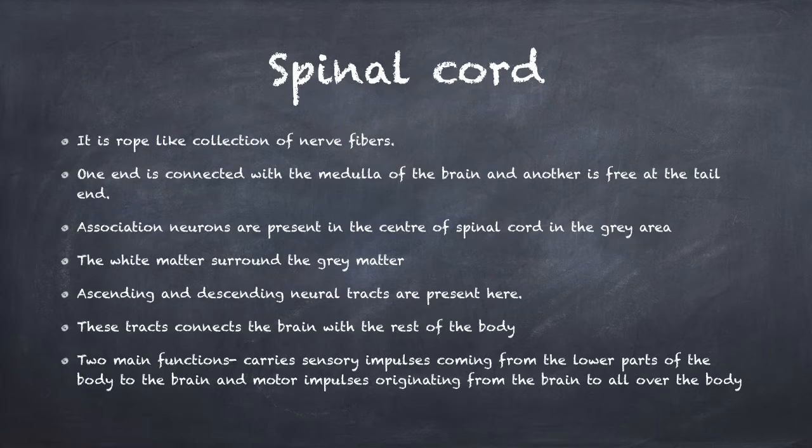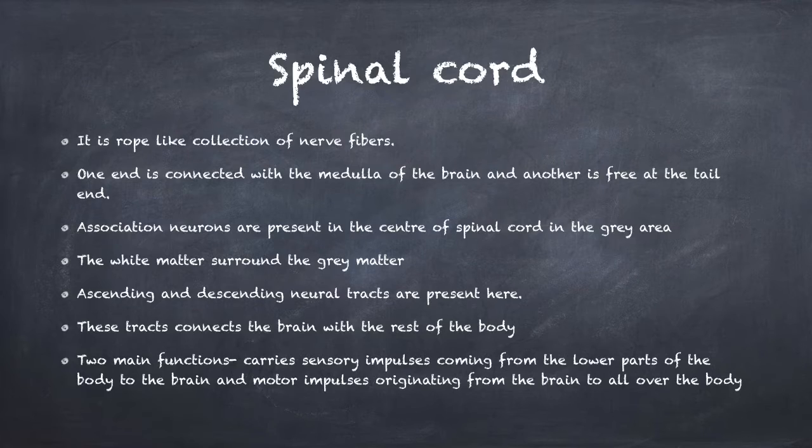Surrounding the gray matter is the white matter of the spinal cord. So there is a butterfly shaped mass of gray matter, and it is surrounded by the white matter, which is composed of the ascending and descending neural tracts.